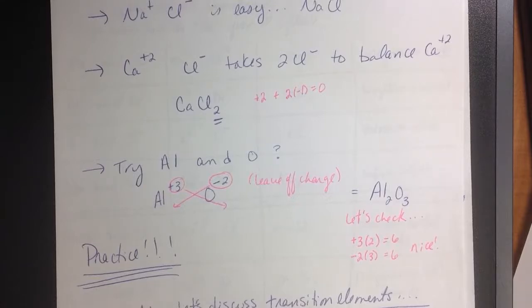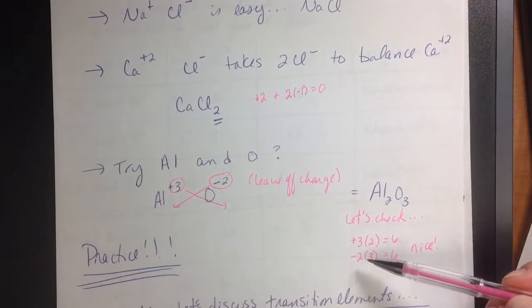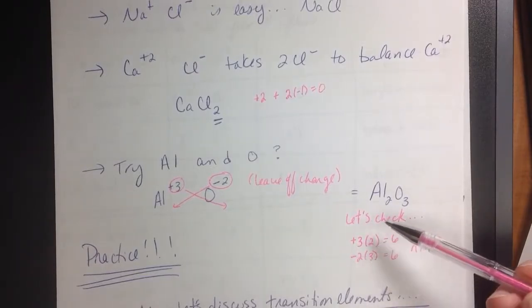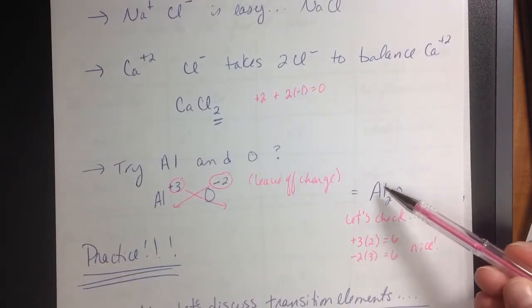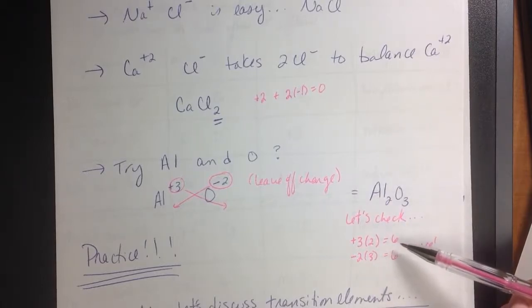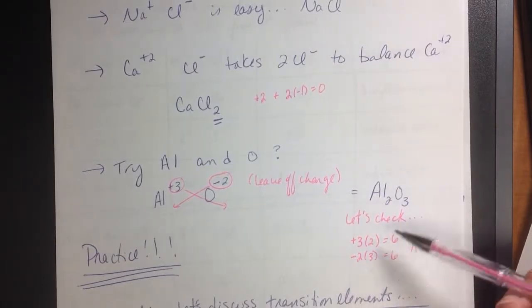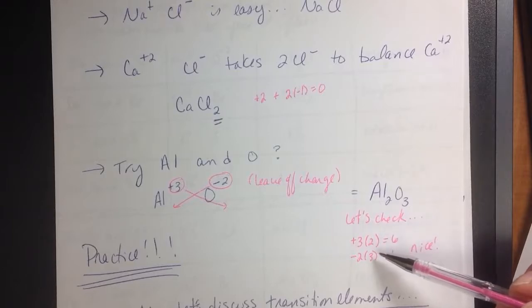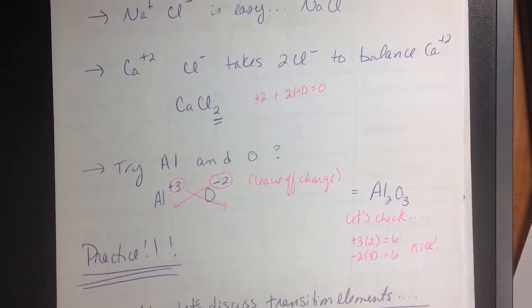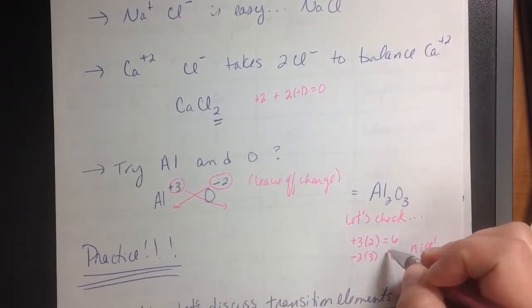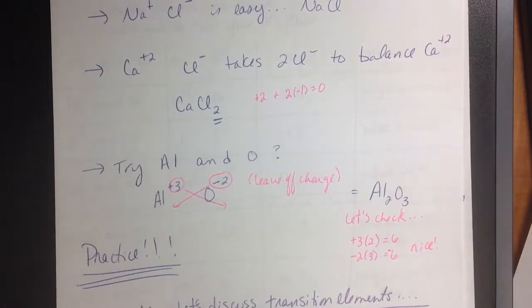It's kind of like a lowest common denominator mathematical operation that you've done probably since grade school. Positive 3 times 2 of them, because we just said that's 2 of those plus 3 things, is 6. And negative 2, which is what oxygen is, times 3 would also be negative 6. So those two balance out.